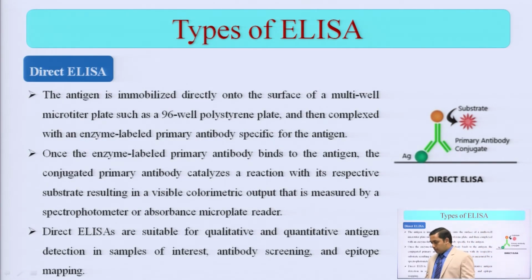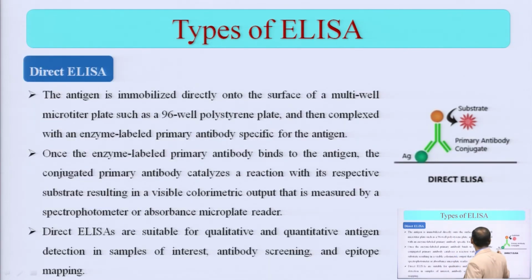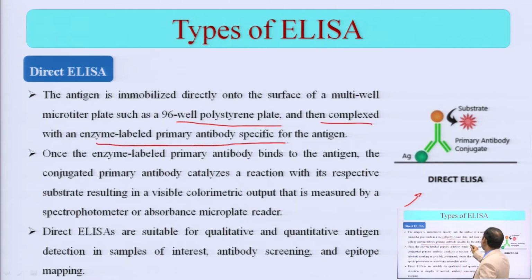So, direct ELISA, which I have mentioned here. The antigen is immobilized directly onto the surface of a multi-well microtiter plate, such as a 96-well polystyrene plate, and then complexed with the enzyme-labeled primary antibody specific for the antigen.